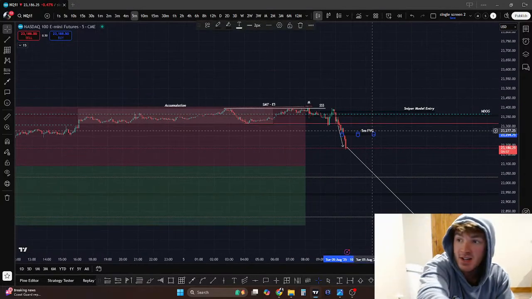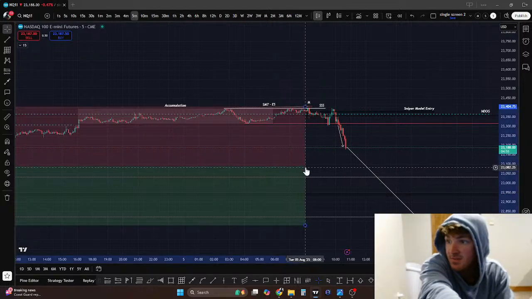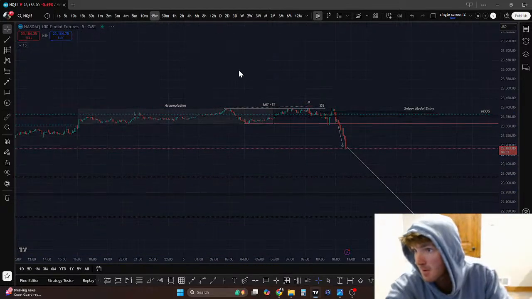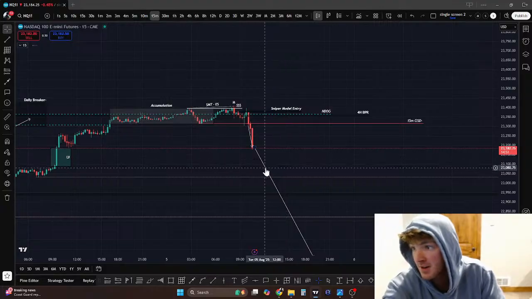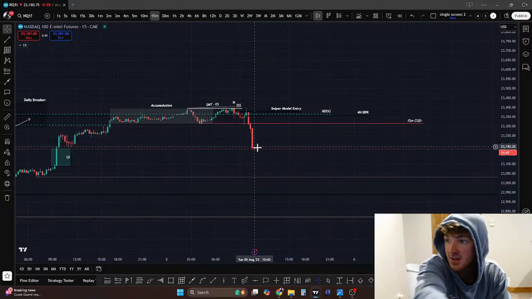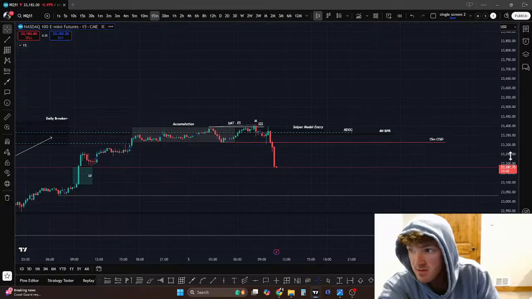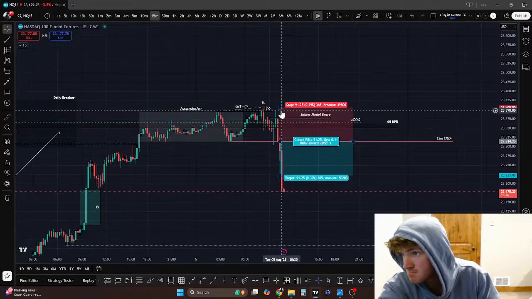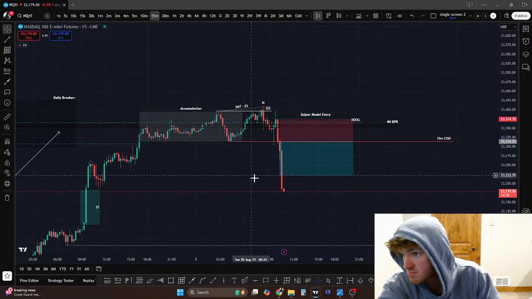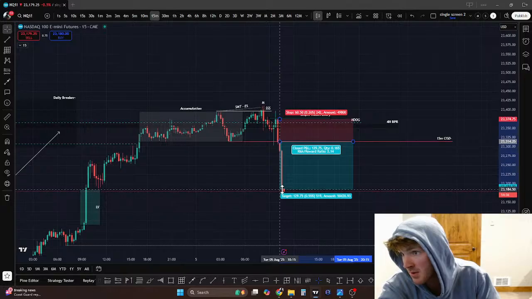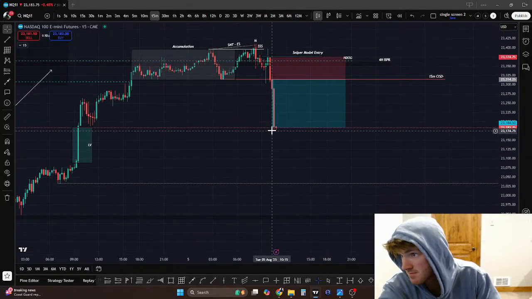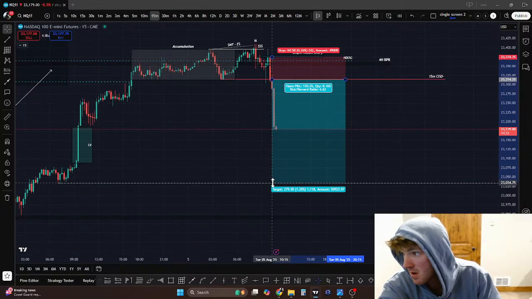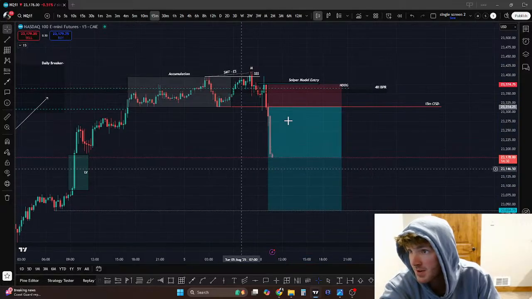We liked this trade. At least I liked this trade. Right? Entering on the close, the CISD close here. This would have already hit 2R. So I'm going to screenshot this.